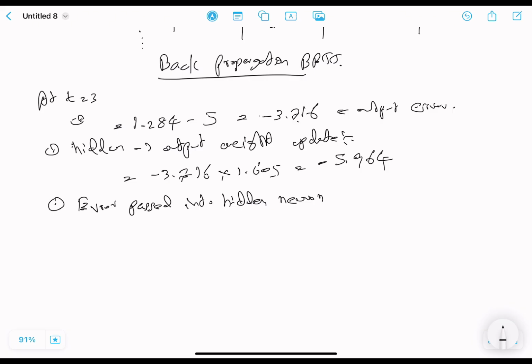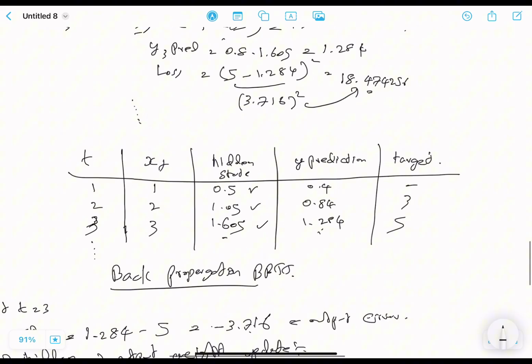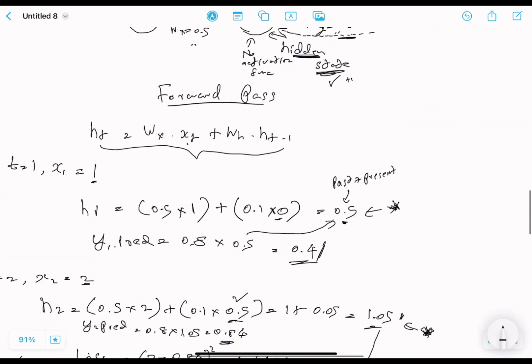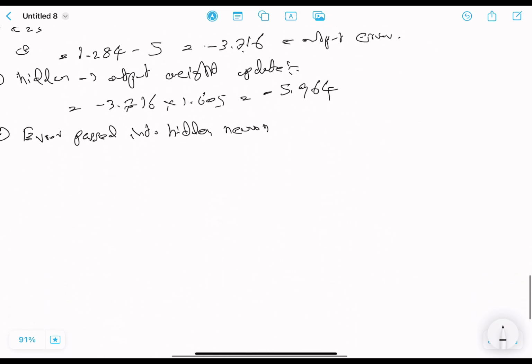So the error passed into the hidden neuron, this part. So the error was minus 3.716 into 0.8, which is minus 2.973.